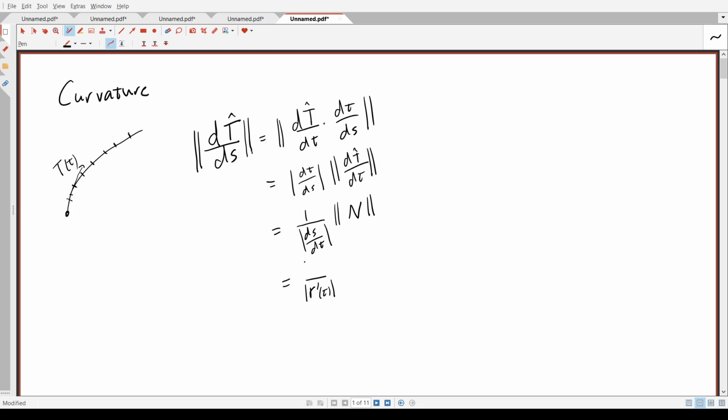I'm going to write it actually just as the derivative of the unit tangent vector. Let me just rewrite it. The derivative of the unit tangent vector, divided by the norm of r prime of t. Okay, I'll do a working example using that in a little bit.